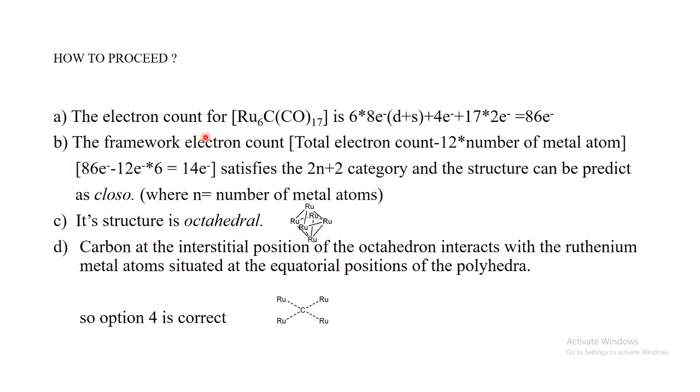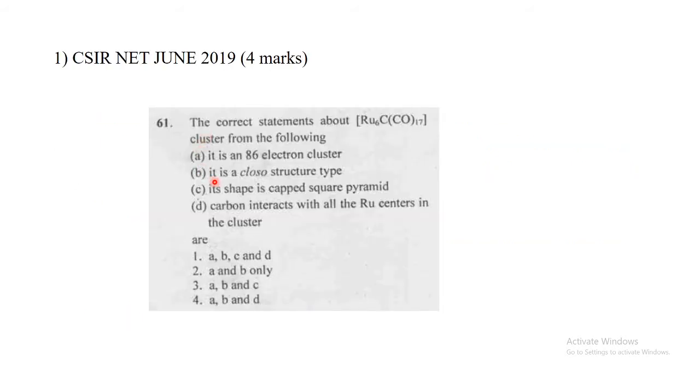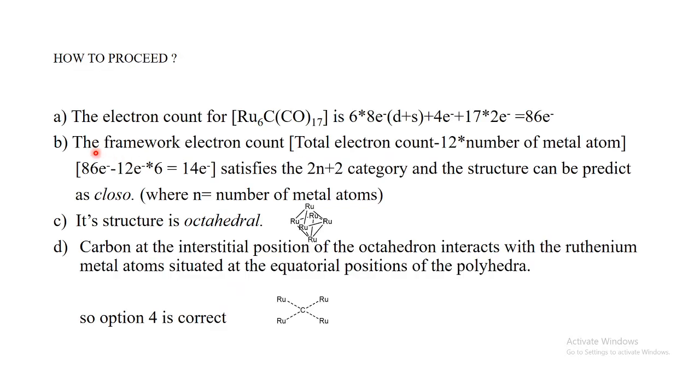Next, the next statement is it is a closo structure type. In this kind of metal cluster, in order to determine the structure type, first of all we have to count the framework electrons. The framework electron count is given by the formula: total electron count minus 12 into the number of metal atoms.